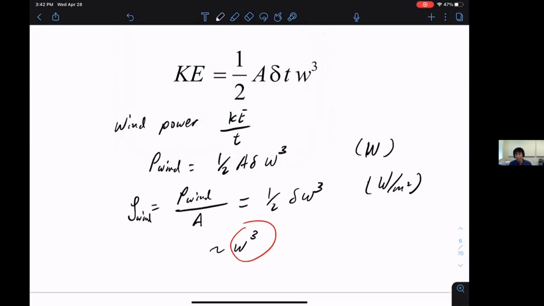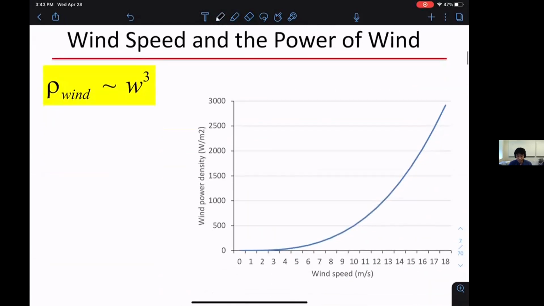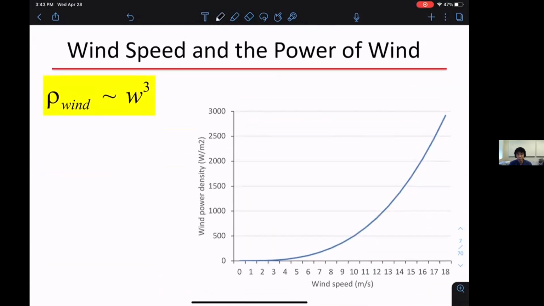If you want to build a wind turbine anywhere, you want to target places with high wind speed because of this cubic relationship. If you look at the plot, since it's a cubic relationship, this goes up very sharply.